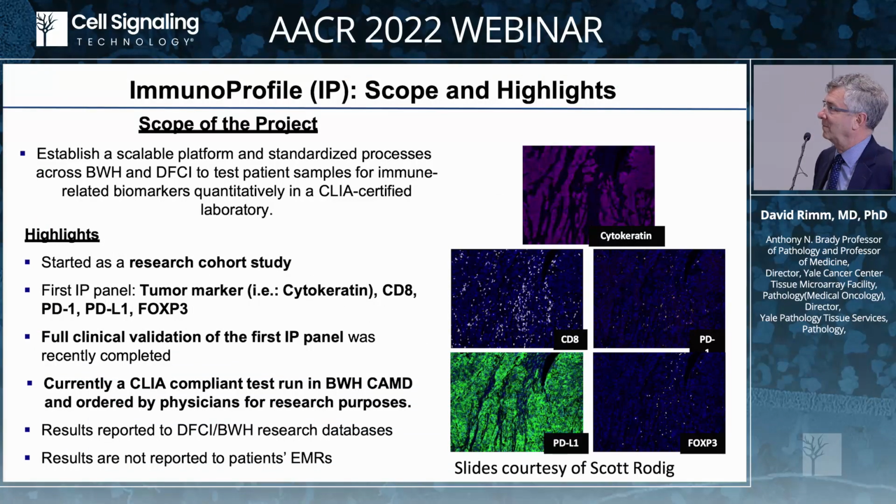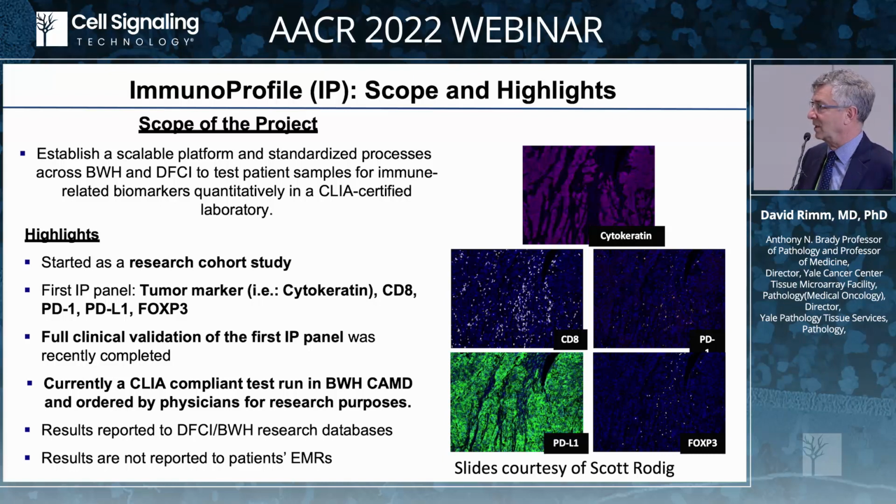So this is from the Immunoprofile that Scott does, and this slide is courtesy of Scott, and you can see some of the markers that he's done. The highlights are that it started as a research cohort, which I think is the way to do it, a big prospective research cohort. You can see the panel here, and the clinical validation of the panel is extensive in his talk, but I'm not going to give that whole talk again here.